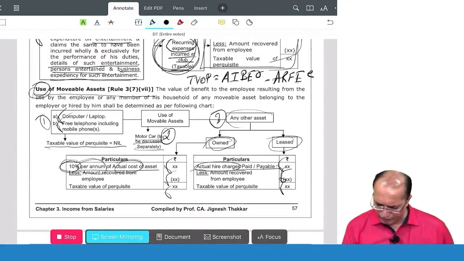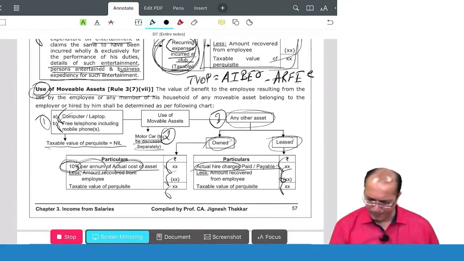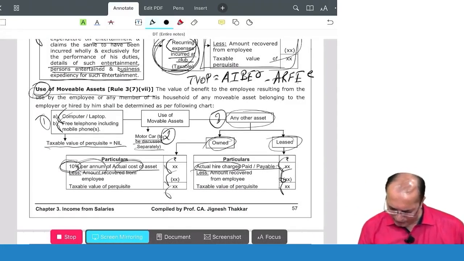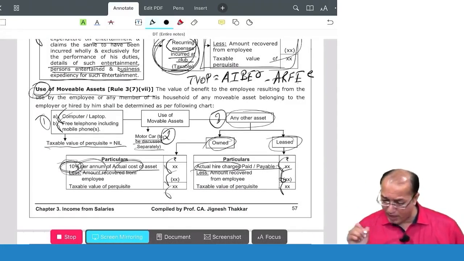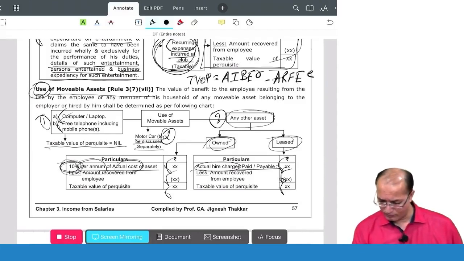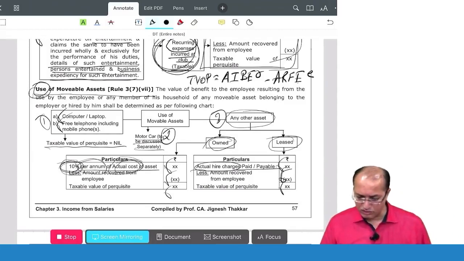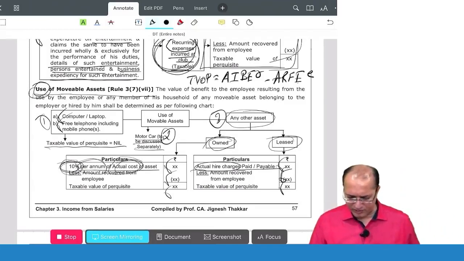The camera will fall into the any-other-asset category. You have to take depreciation at the rate of 10% per annum of actual cost. What is the actual cost? 40,000. Of that, 10% per annum is how much? 4,000. But that 4,000 is for the entire year, right? You have used the camera only for 6 months.